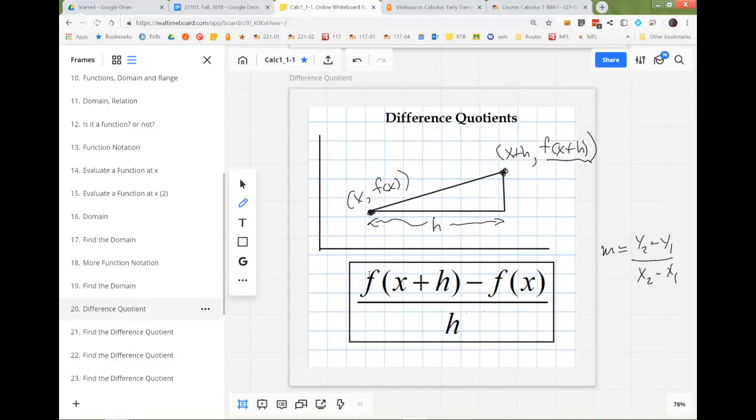Well, that y coordinate, see it over here, minus this y coordinate, right over there, divided by, what's the difference between x plus h and x? x plus h minus x is h. So this is just one big happy slope formula. That's all it is. We call it, in algebra, a difference quotient.